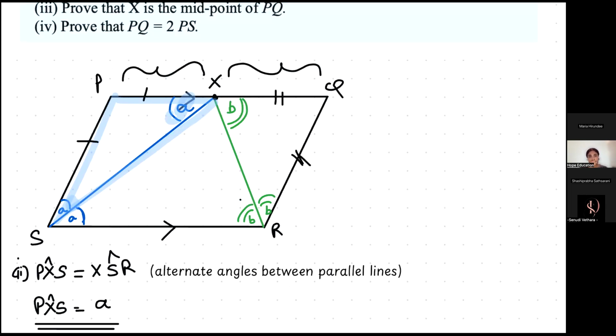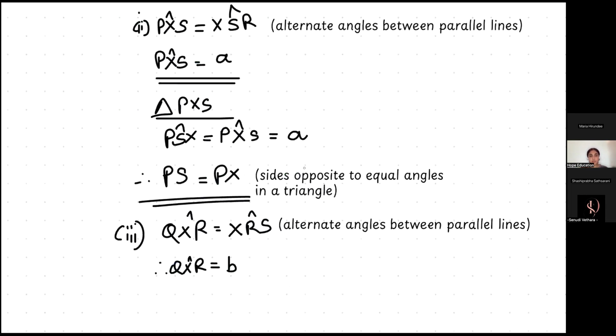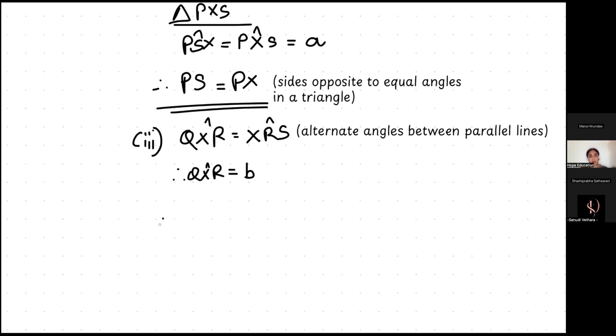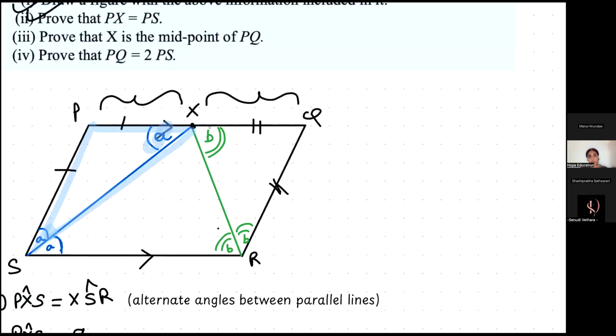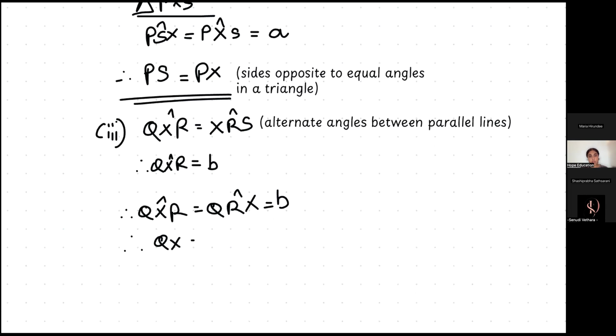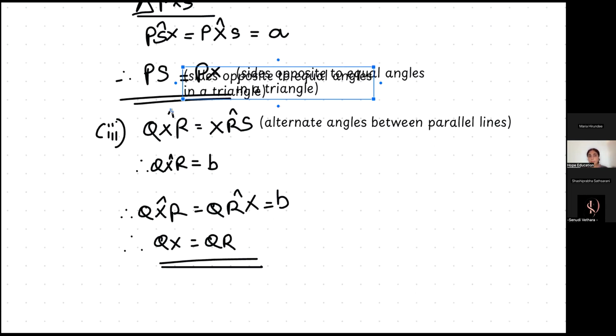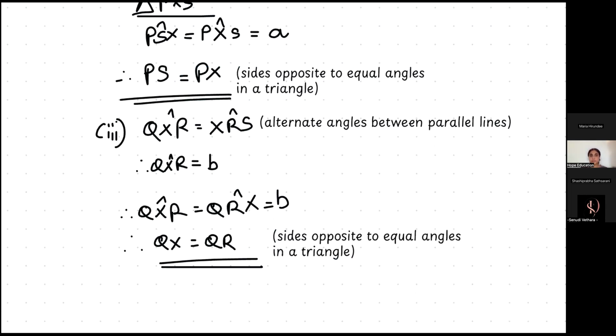So, QXR equals QRX, and they are both equal to B. Therefore, we can say QX and QR are equal. QX equals QR, and we already know the reason: sides opposite to equal angles in a triangle. Up to this point, is it clear, Lamai?